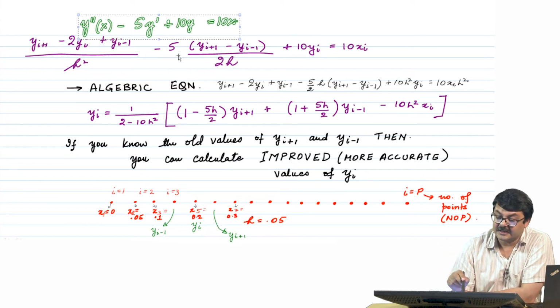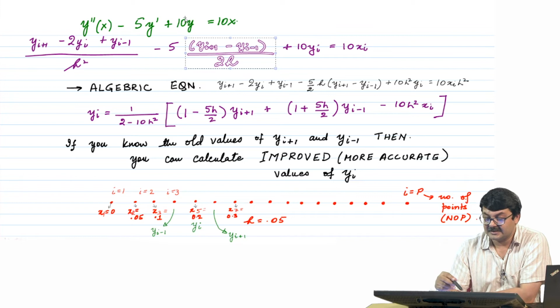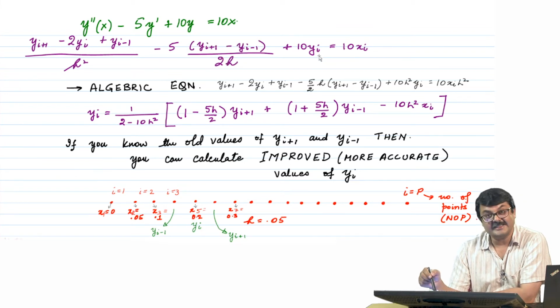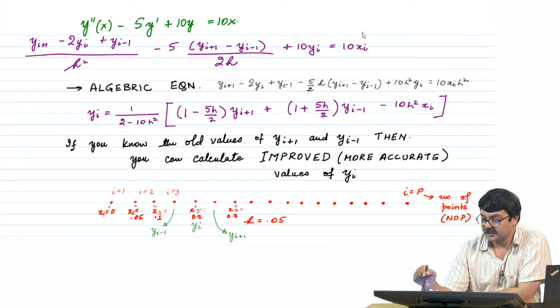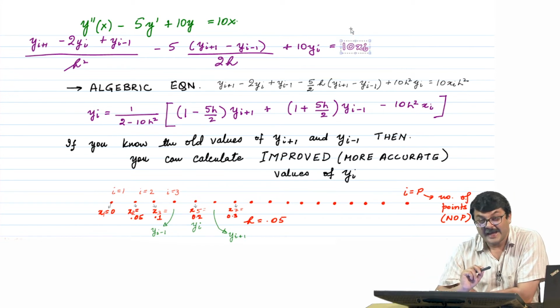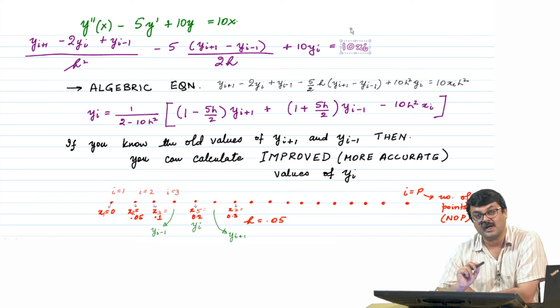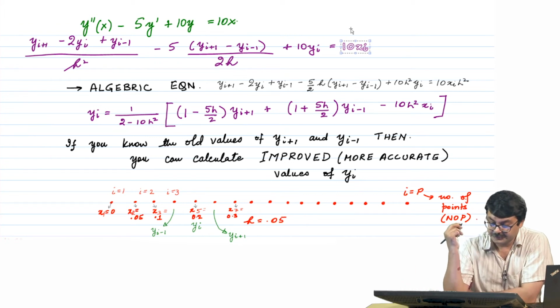And here I have written the expression for y dash, and this is plus 10 y. So, basically at each point you can write down y I, and you have to solve for y I, of course, with 10 x I, whatever the value of x is at each point.